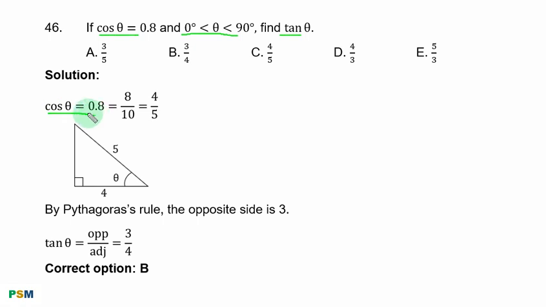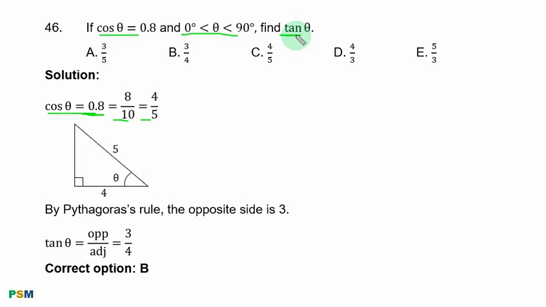If you convert this to ordinary fraction, you have 8 over 10, which reduces to 4 over 5. Cosine is the ratio of adjacent to hypotenuse. Tangent is the ratio of opposite to adjacent. That means we need the opposite side.